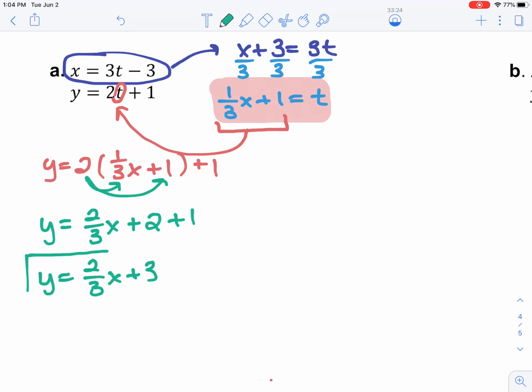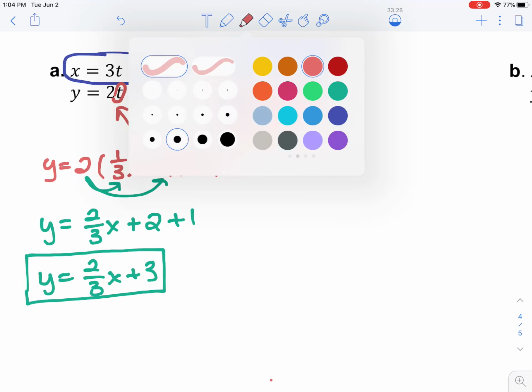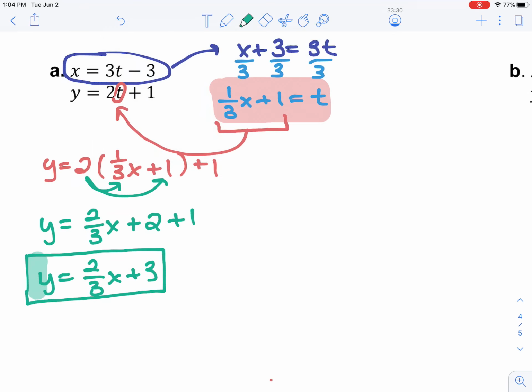I've written a rectangular equation given two parametric equations for x and y. We started with x and y defined in terms of t, and now we're able to express a rectangular equation. We eliminated the parameter t.